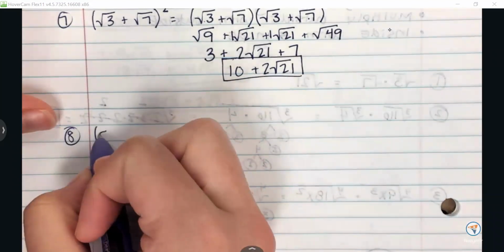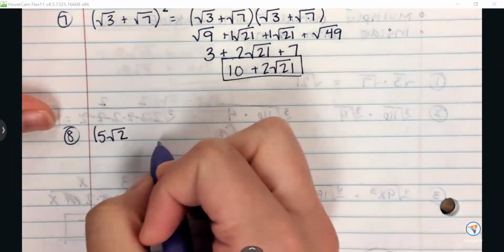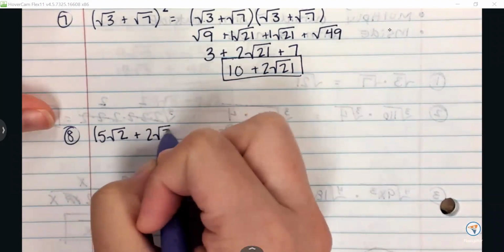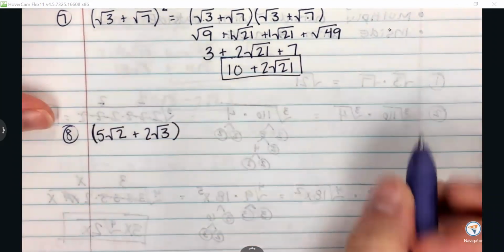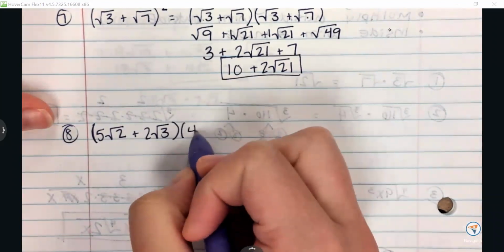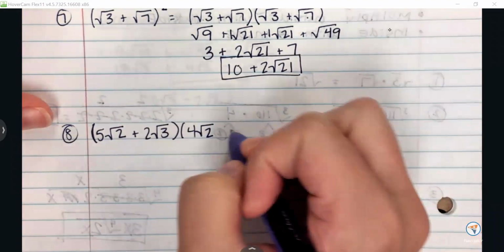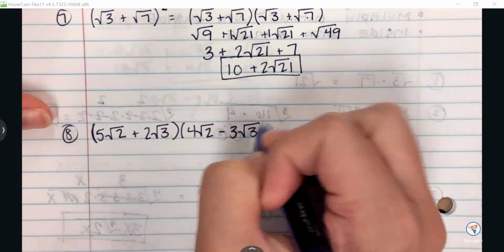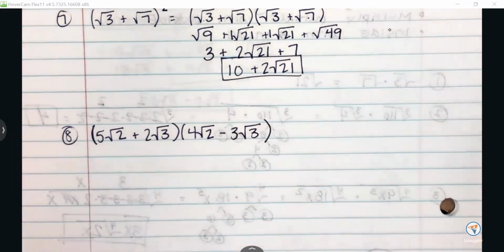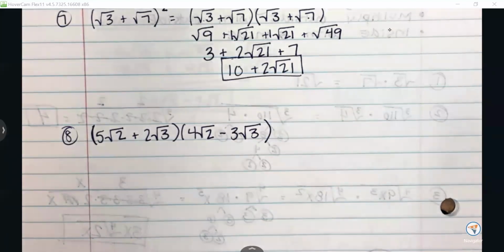All right, if I have 5 square roots of 2 plus 2 square roots of 3 times 4 square roots of 2 minus 3 square roots of 3. So this is where it gets tricky because outside times outside, inside times inside, okay?